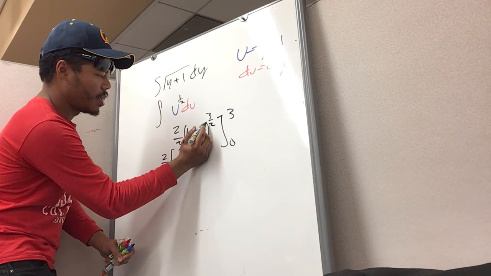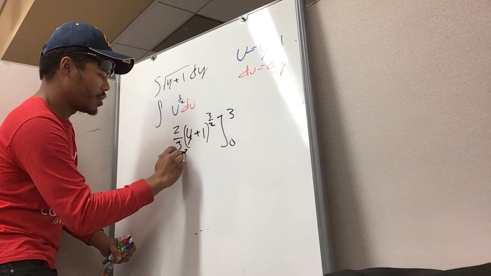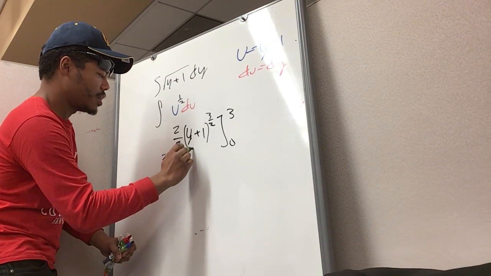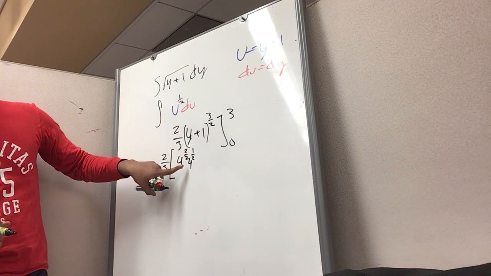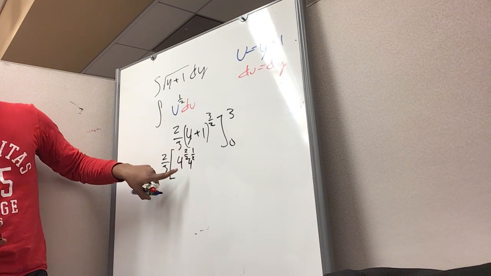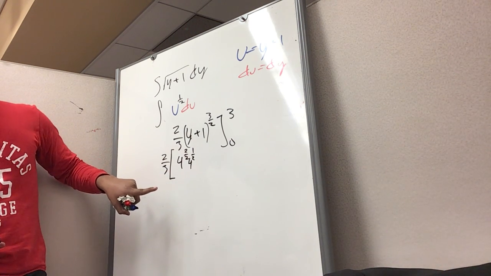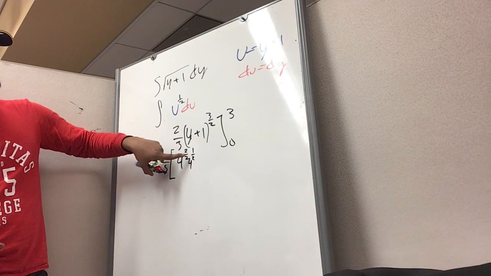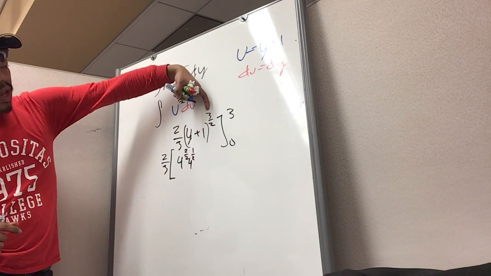This is the same thing as 4 to the 2 over 2 times 4 to the 1 over 2 by exponent properties, since you can add these exponents.